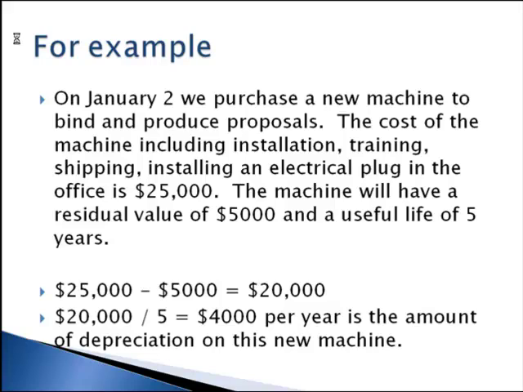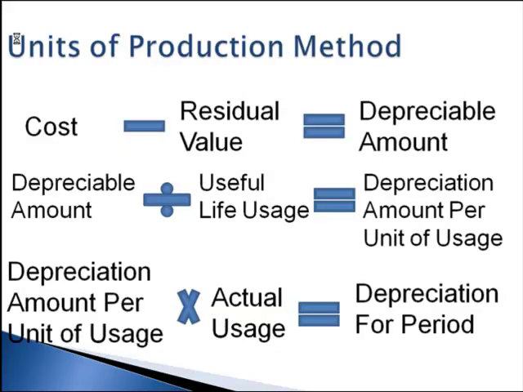Now, the second method that we're going to talk about is the units of production method. The units of production method of calculating depreciation is useful if the asset usage varies and it's measurable, such as number of machine hours that it's used or the number of units that it produces while it's being used. And if we have that information and it's that type of an asset, then we can use the units of production method.